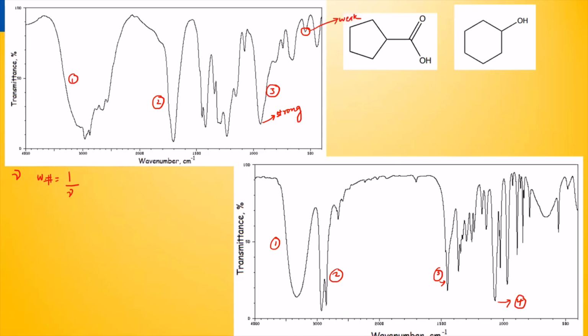Now, if you look at this first peak, this is 3000, so it starts maybe around 3500, 3600. This value is 3600. This is 3000, and it goes all the way to maybe 2200, something like that. That's a long peak.